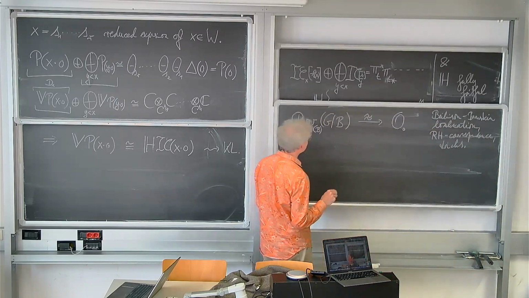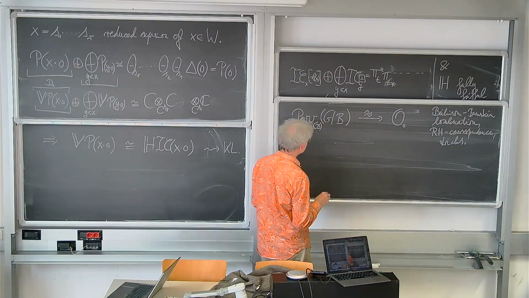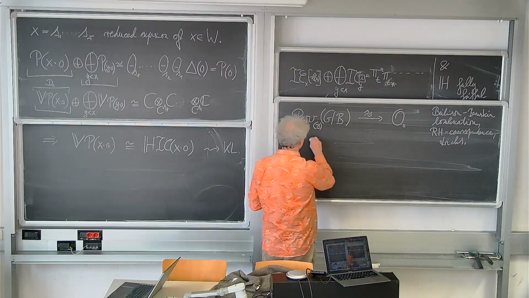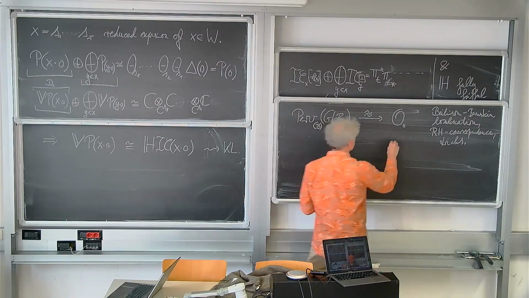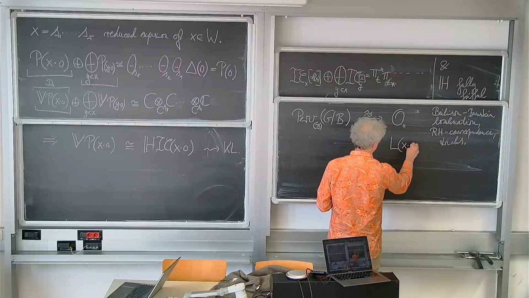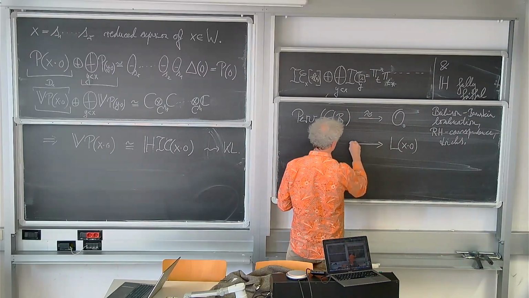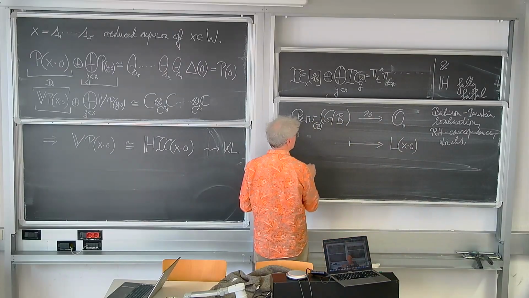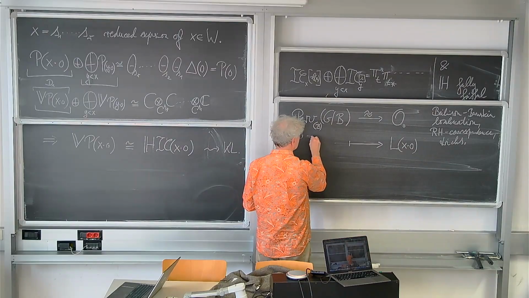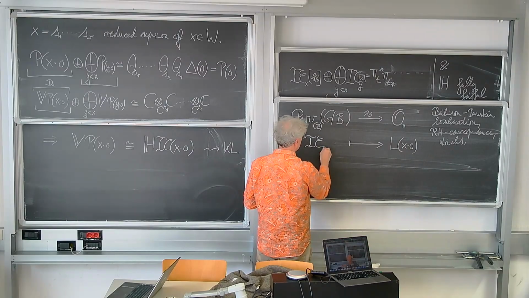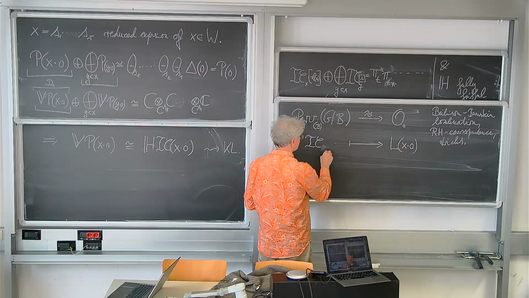Okay, so we have such an equivalence, and in fact here the simple representation X dot 0 will correspond to the intersection cohomology complex of the set B X. Wait, not, I said something wrong.